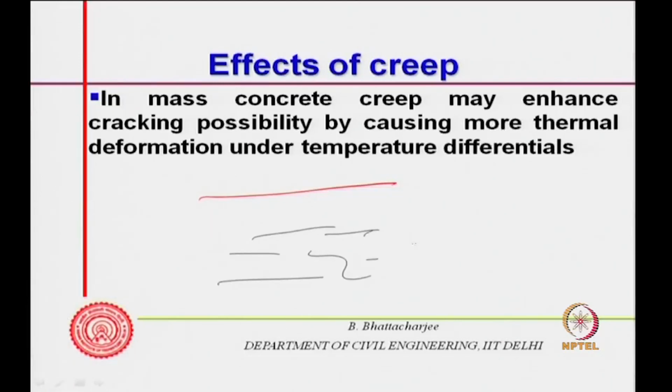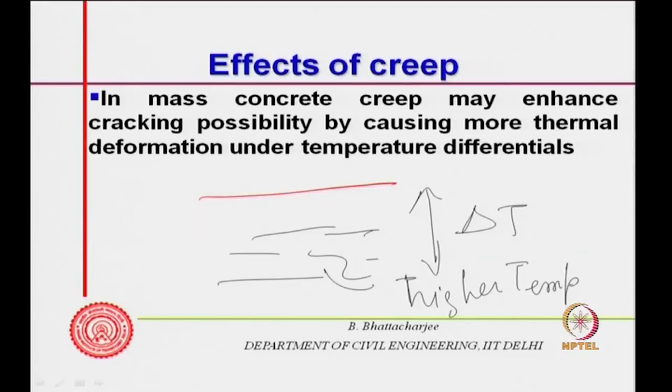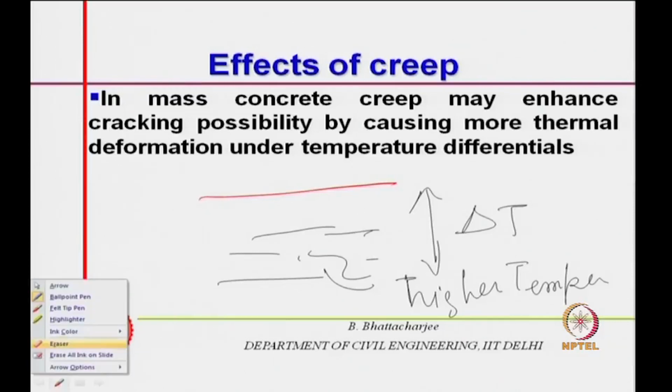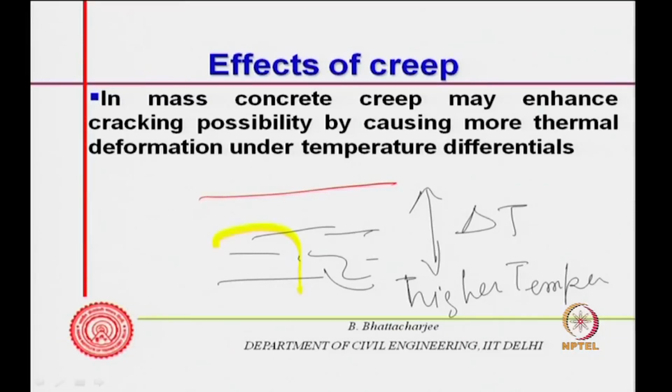There will be a temperature differential, a delta T, because the temperature in mass concrete can be higher, as heat dissipation is difficult from this portion, while heat will dissipate from the top.